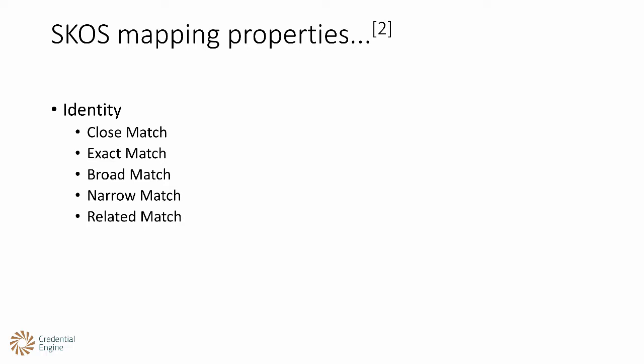Since all of these are identified by URI, they are linkable. So you can map between nodes in concept schemes. So someone with a concept scheme of industrial classifications could map over to a different vocabulary and say ours is a close match to that concept over there. Very powerful.